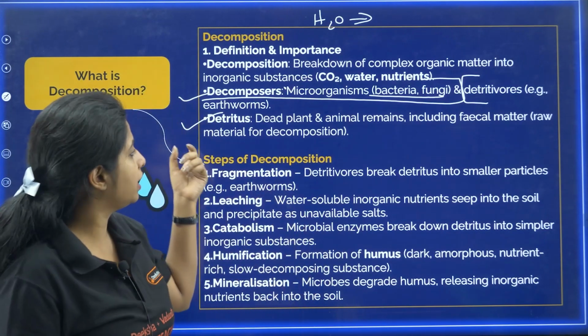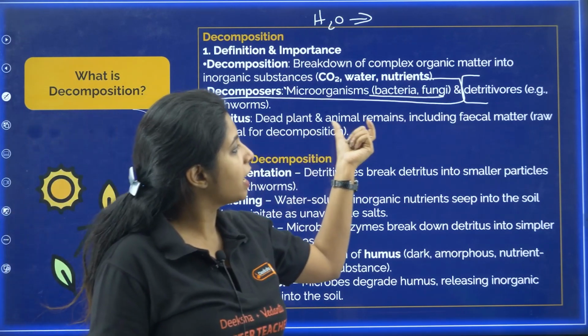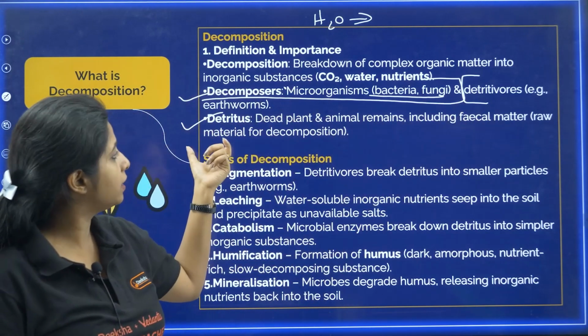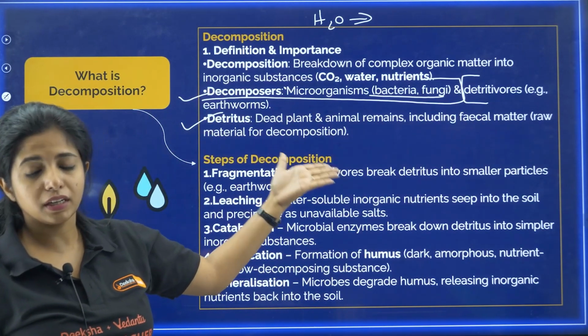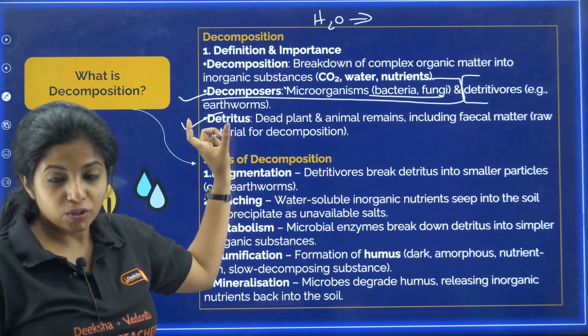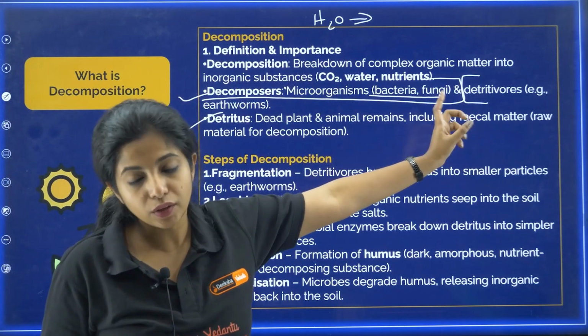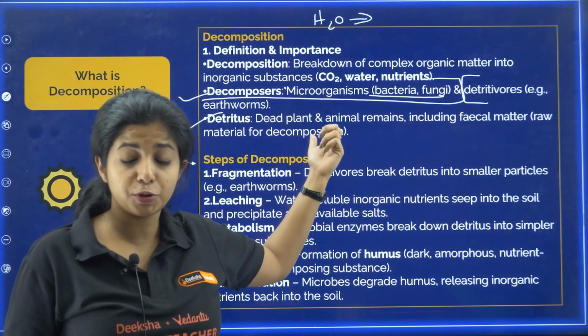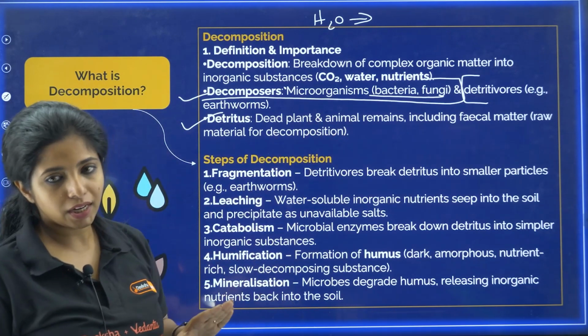So what do you mean by detritus? The dead plant and animal remains, including fecal matter and everything which is left for decomposition, that is known as detritus. So the one that feeds on detritus is detritivores, my dear children. Apart from that, you have decomposers as well. With time, you will get to understand everything.